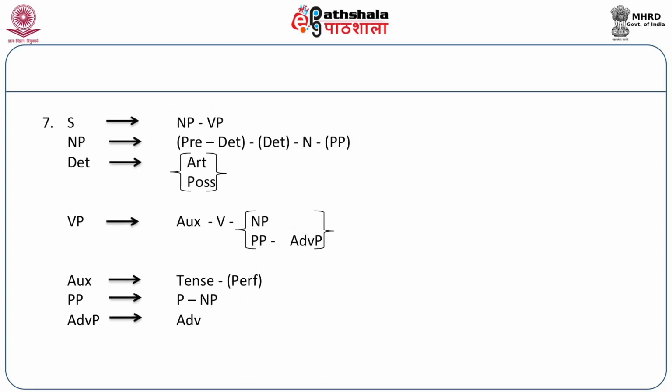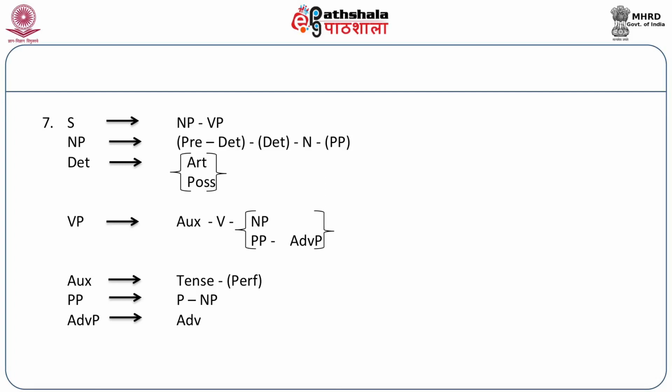In 7 we have a set of rules for the 3 sentences for which we have drawn tree diagrams. In every sentence S goes into noun phrase and verb phrase, and then we look at all the noun phrases in these 3 sentences.